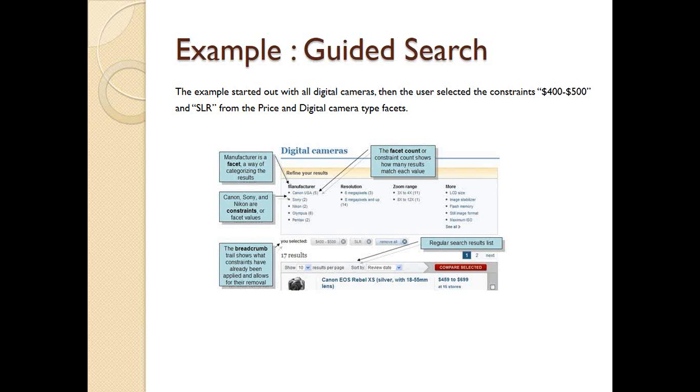Finally he will choose an SLR filter, as he is looking for an SLR camera. After applying all three filters, he will be able to see the final search results. So this way, with the help of guided navigation, he can land on the set of results or the products which he is looking for.